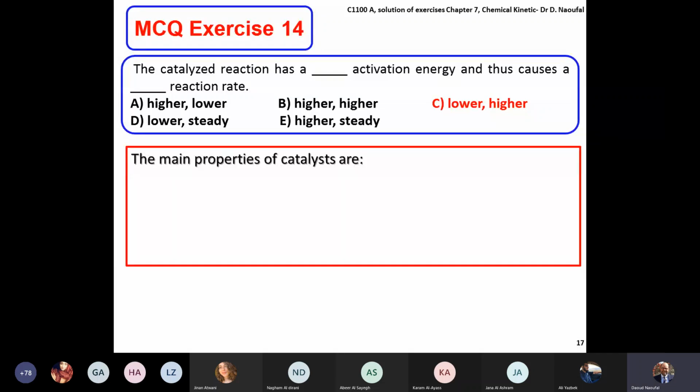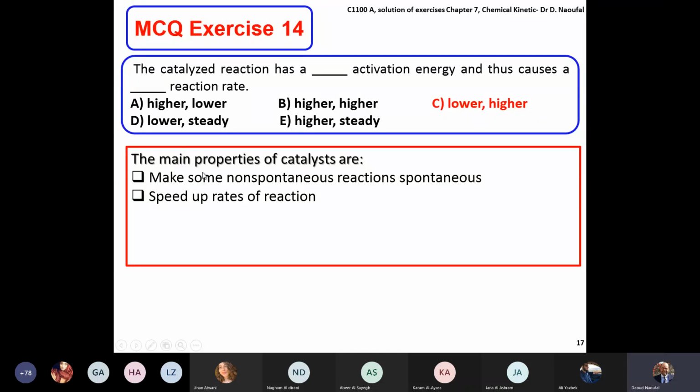So the catalyst decreases the value of the activation energy. Why? Since the addition of the catalyst changes the pathway of the mechanism of the reaction. So what are the main properties of the catalyst? The catalyst makes some non-spontaneous reactions spontaneous.